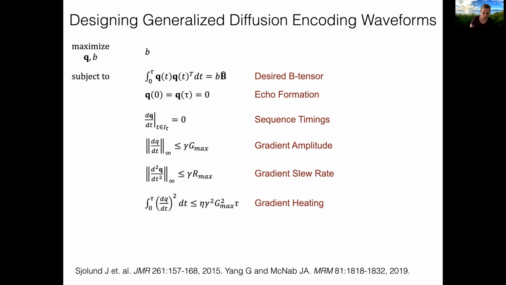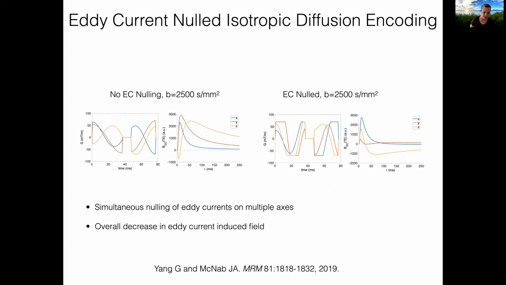And there was already this beautiful optimization framework available that had been developed by Jolanda, and it provided a very easy way to add an additional constraint and design gradient encoding waveforms that had this inherent ability to null the eddy currents at the time of the readout.